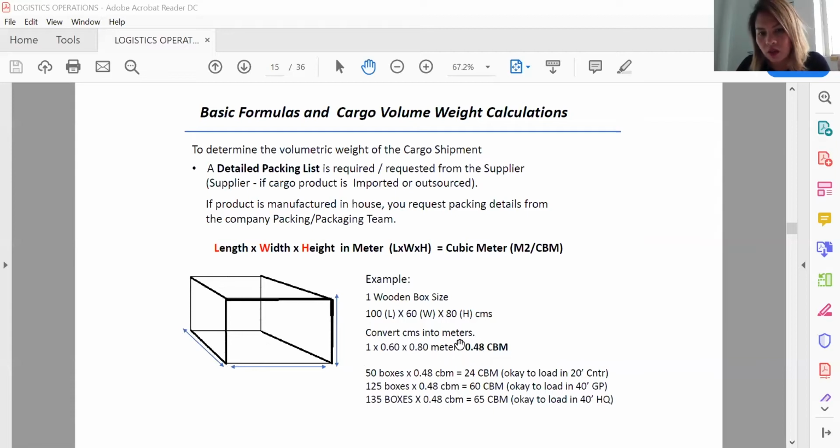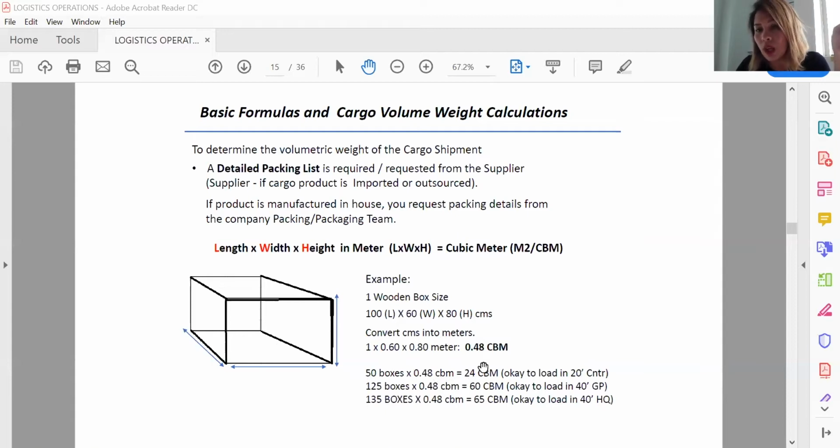You will get this volumetric weight. So this box is 0.48 cbm. If you have this volumetric weight for the box and you are going to quote for a 20-feet load container, then you just have to multiply this cubic meter by 50 boxes. Then you will get your answer here.